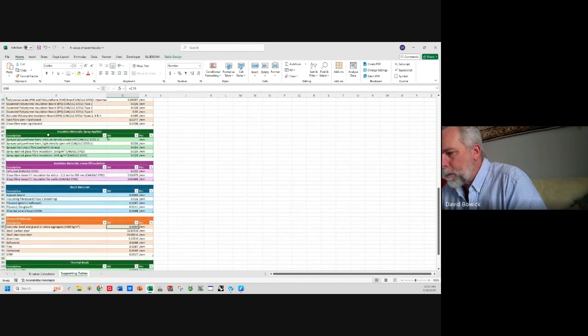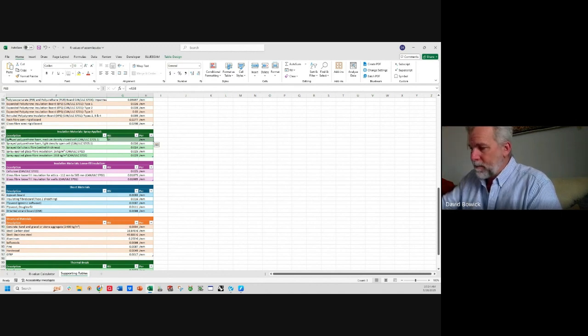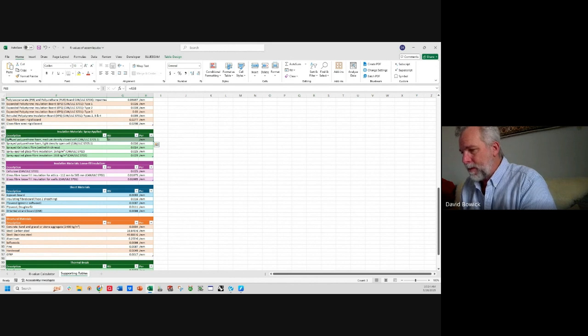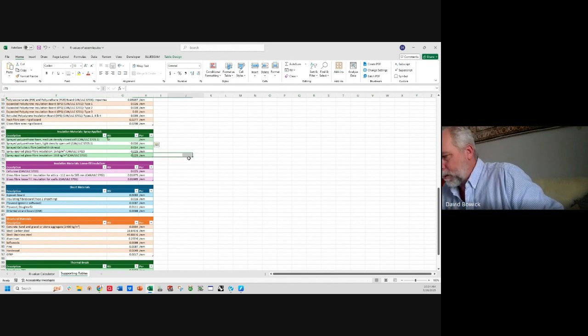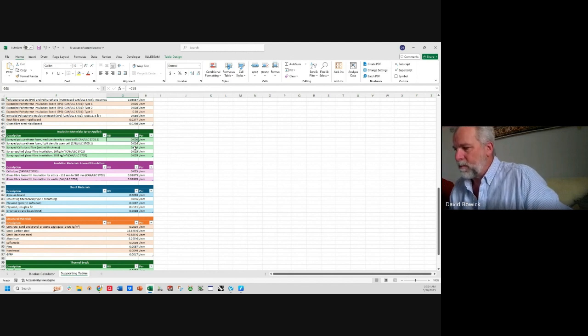Insulation material, spray applied medium density. So this isn't actually spray applied, it's a cavity fill, but it's a medium density urethane foam. It's the same as the spray applied stuff. There we are, 0.036 per millimeter.